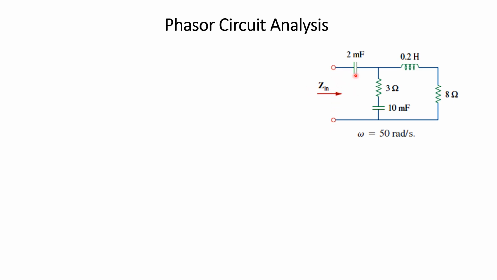So it is just like a parallel-series combination. If this is Z1 and this is Z2 and this series is Z3, how do we proceed? In phasor representation, the resistance remains resistance as such.